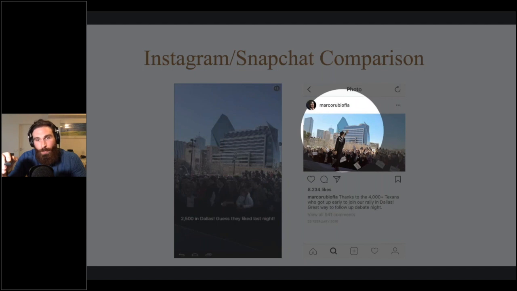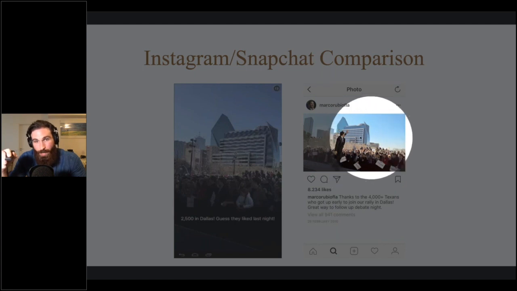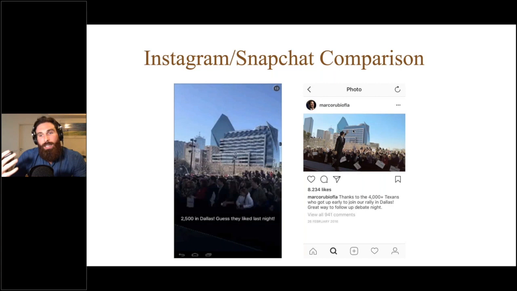Whereas on Instagram, you have supporters doing what supporters are supposed to do, waving their signs, the candidate's front and center, you have nice light and the picture is sharper, because the campaign can take content, filter it, release it at a strategic time point, and also have greater image control over how the candidate is presented.